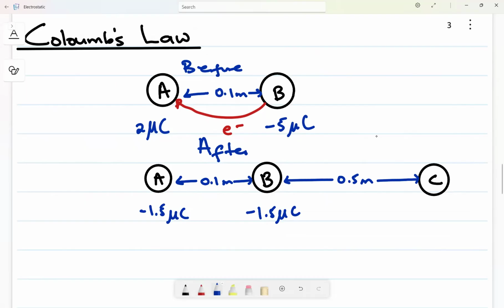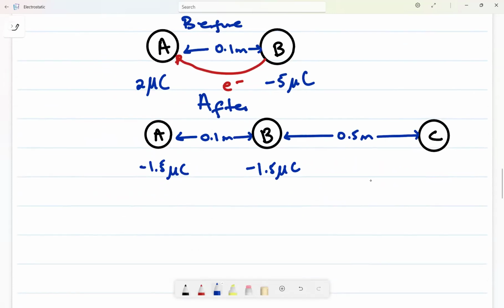Then let's say they place a charge C. After placing charge C, let me see if I say it is positive or negative. Okay, positive 3 microcoulomb like that.